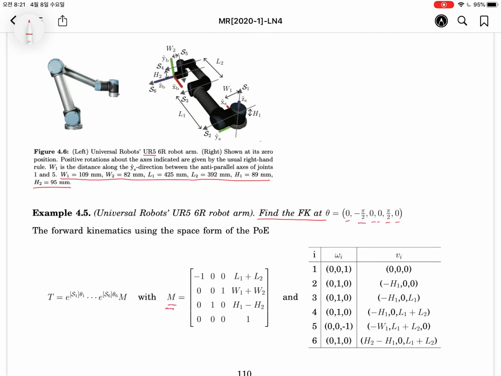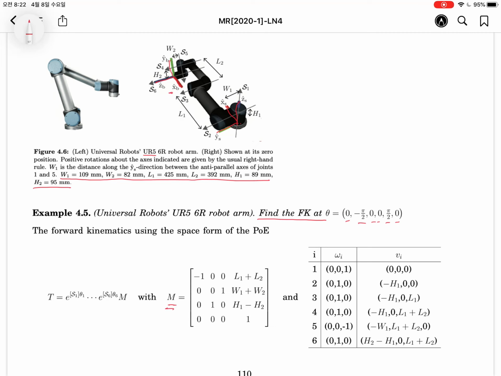Okay, let's read the configuration of the zero position. This is the zero position. Here, at its bottom part, x, y, and z are aligned as the base frame, and x, y, and z is the space body frame. Let's read it.